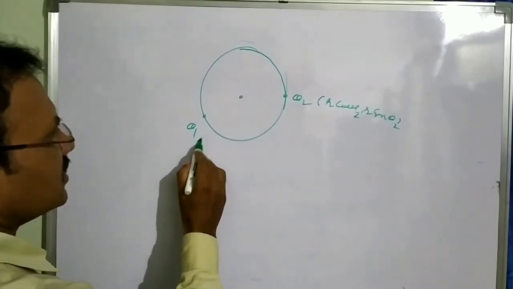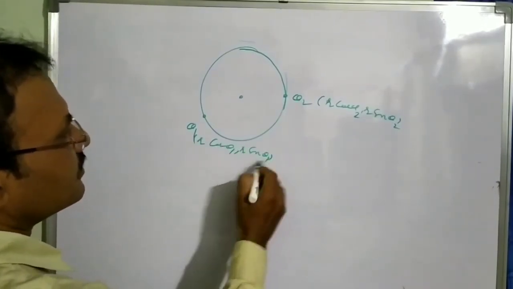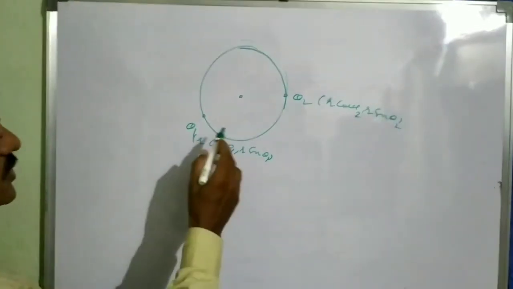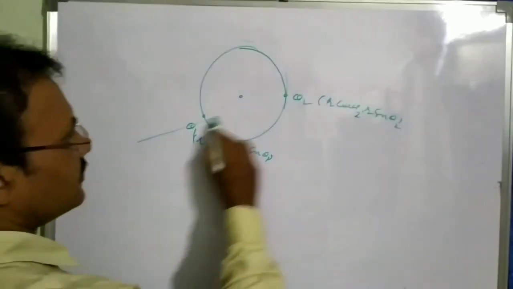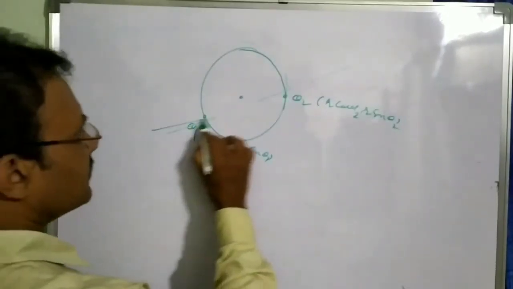This is the parametric point. Suppose you have these 2 points, how can you find the equation of the chord passing through these 2 points?